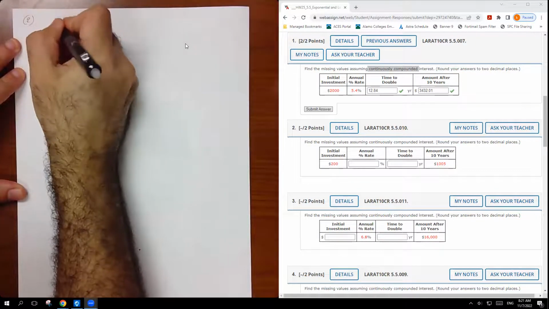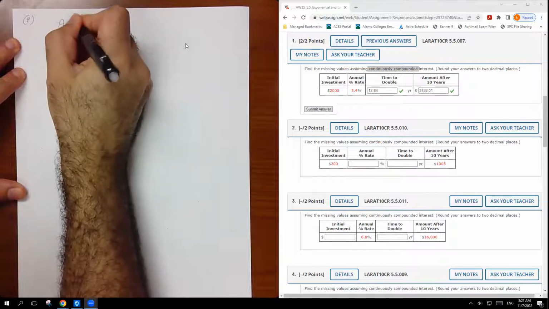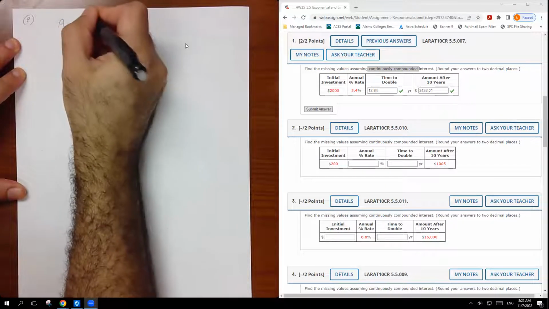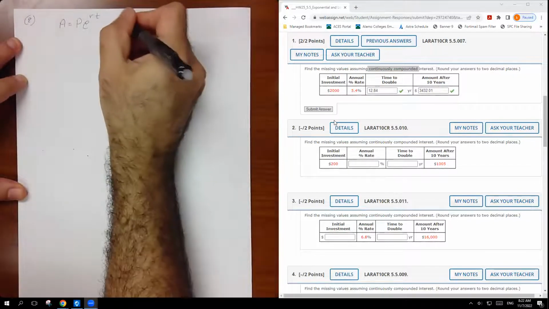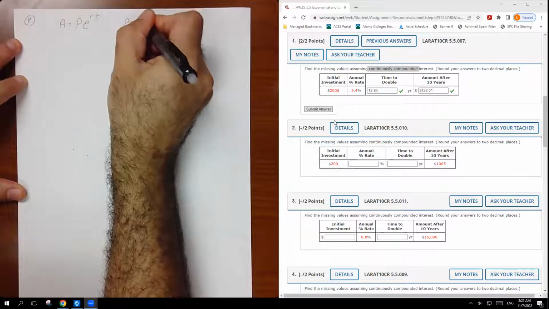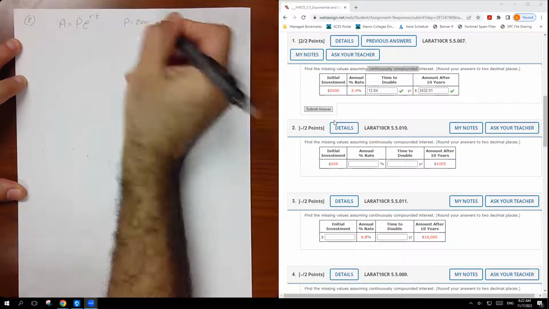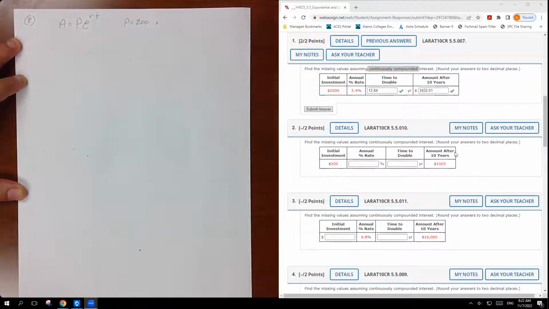That means the formula I'm going to use, A equals P e^(rt). Exactly the same formula. Now let's check what do we have. We have the initial invest, P equals 200. And we have the amount after 10 years.